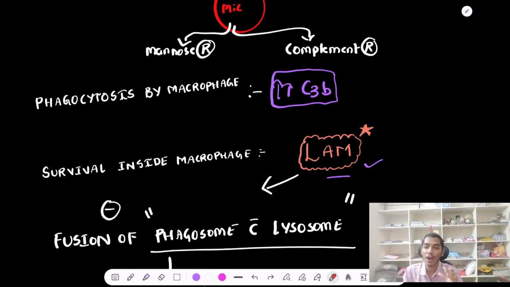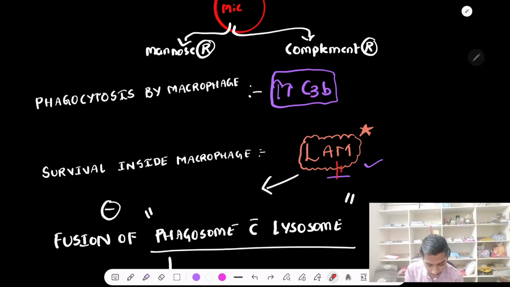Generally, the macrophage just engulfs the bacilli and destroys it. But in this case, it's not happening. Our macrophage is defeated in the presence of this tuberculosis bacilli. Normally inside the macrophage, the phagosome is fused with the lysosome to form the phagolysosome. These lysosomal enzymes kill the bacilli.